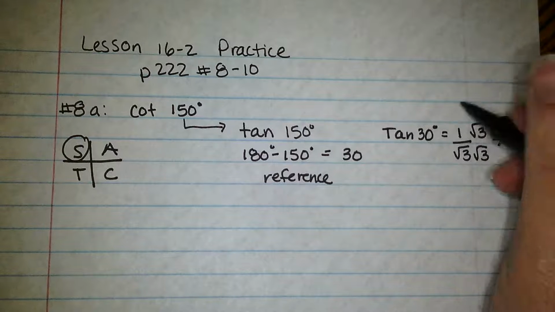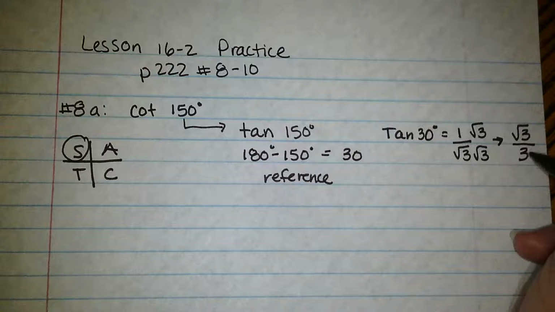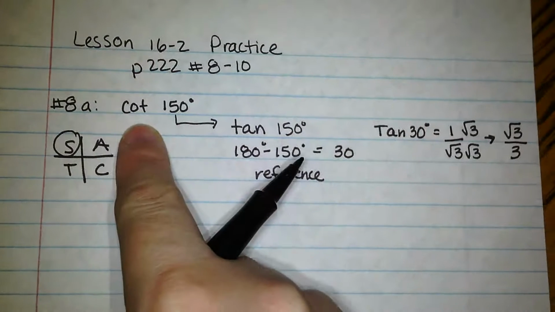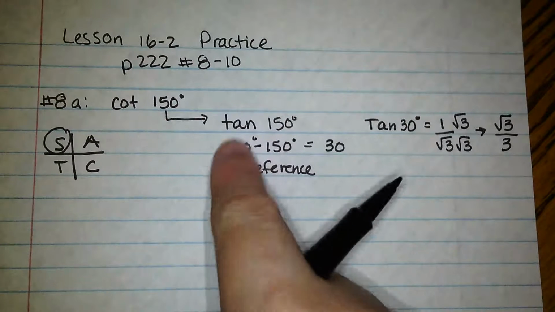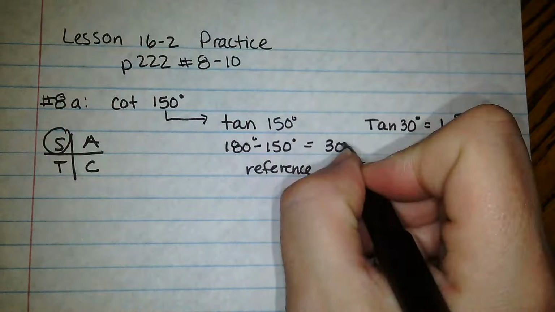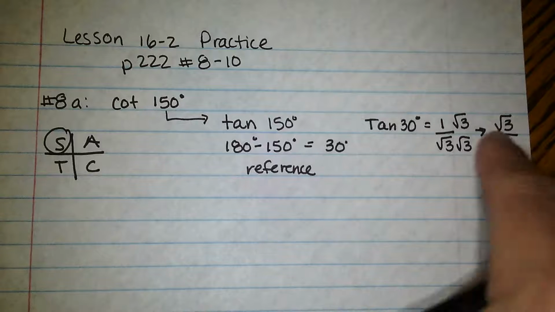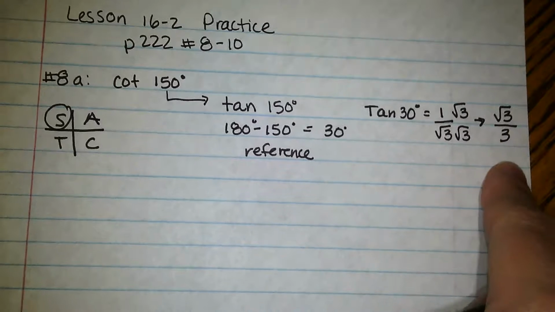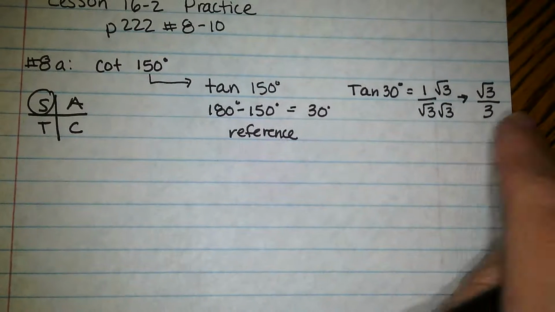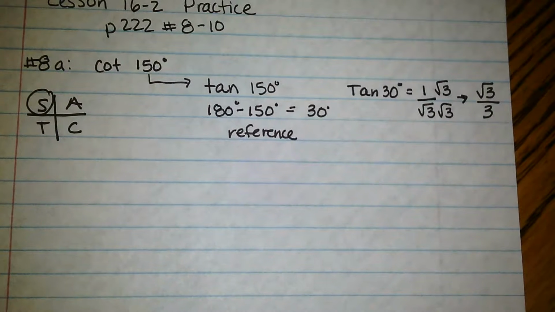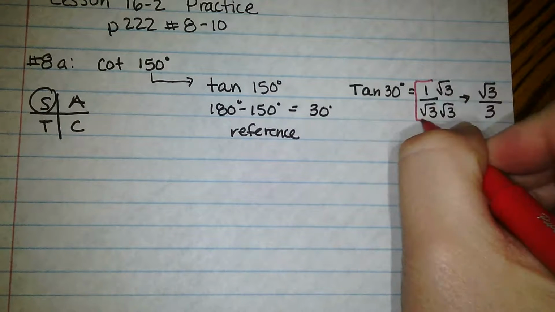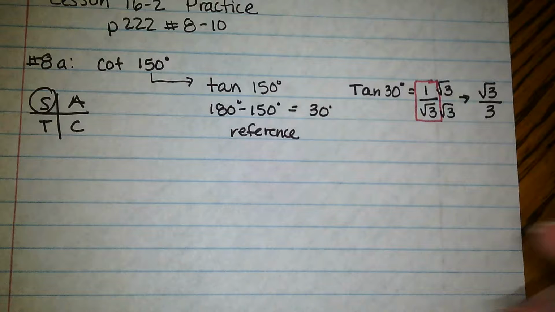This is the tangent. Now remember that we actually need cotangent. So we found the reference angle for the 150, we found the tangent of it, and now we have to flip it. It makes more sense to take our original 1 over radical 3.